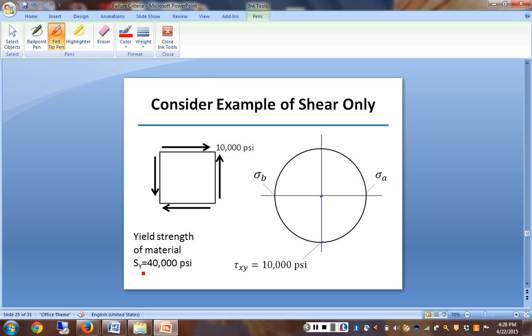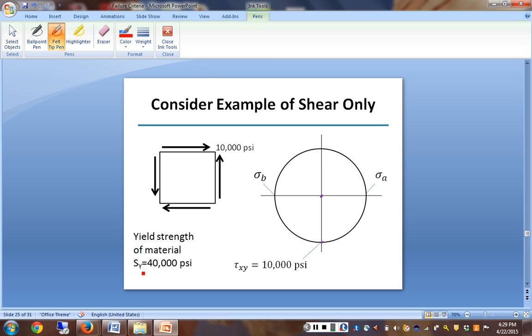So if I plot that, what's my first plot point? It's sigma x, tau xy, so that would be 0 and here. And my second one is sigma y, 0 and here.